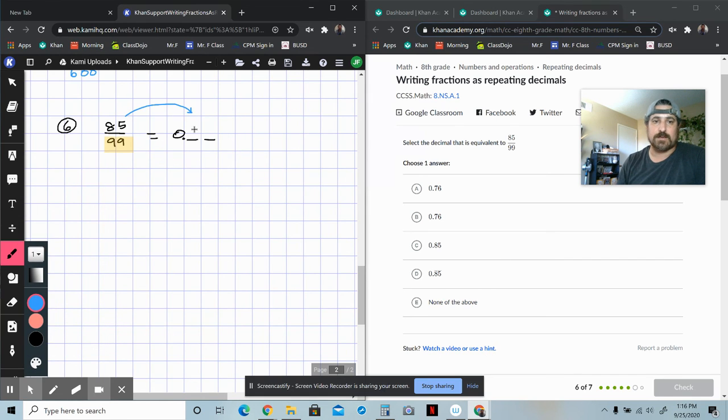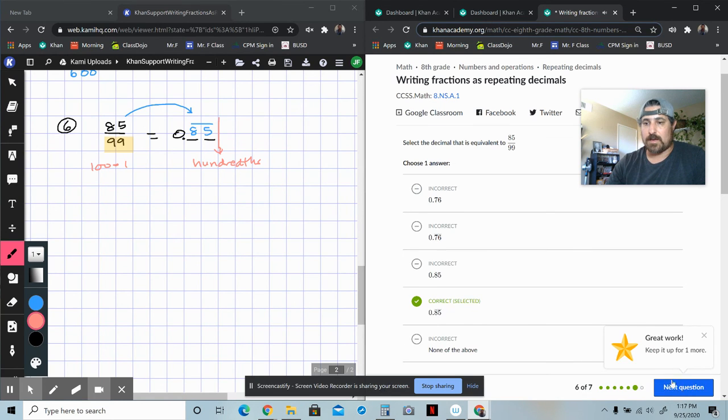So this is going to be 85, and it's going to repeat in the hundredths place, right? So we can see that the 99 is basically 100 minus 1, right? And remember, 999, 9999, these are all repeating decimals. So that's going to be 0.85 with the 85 repeating. And that's going to be your answer.